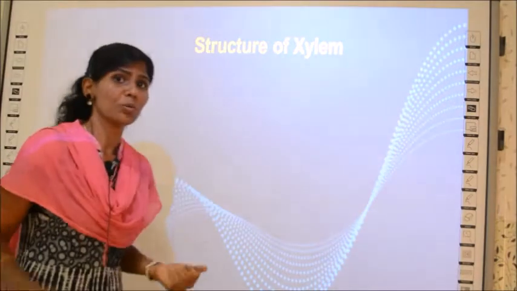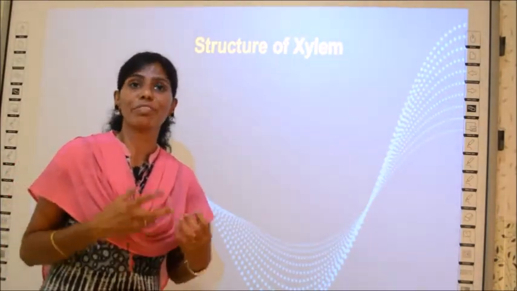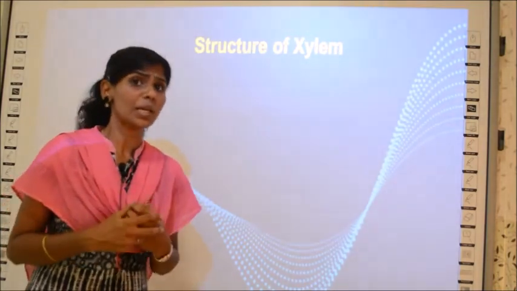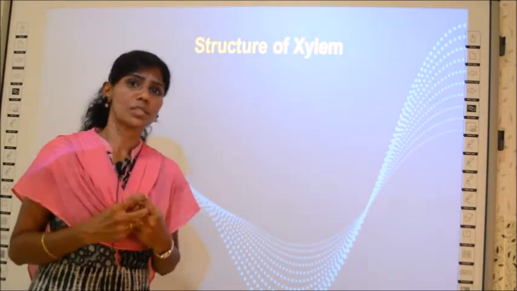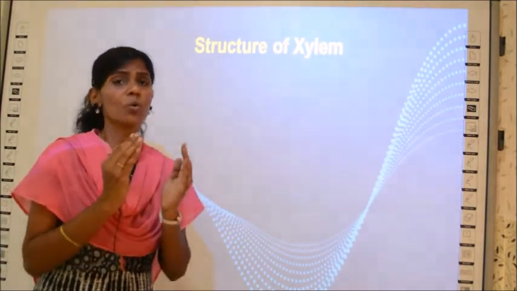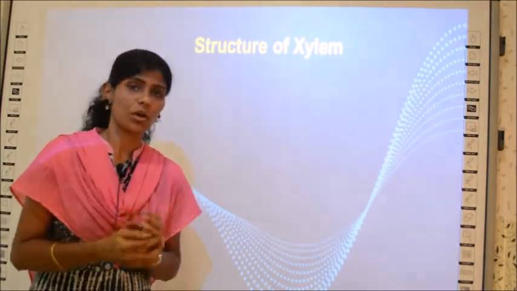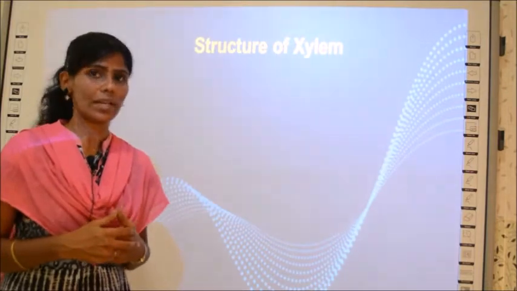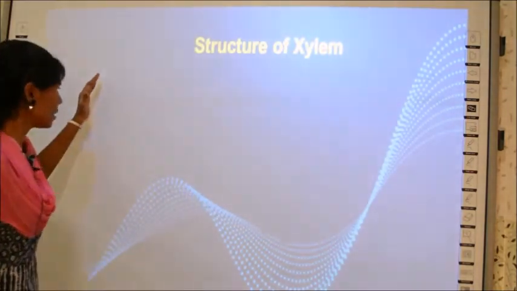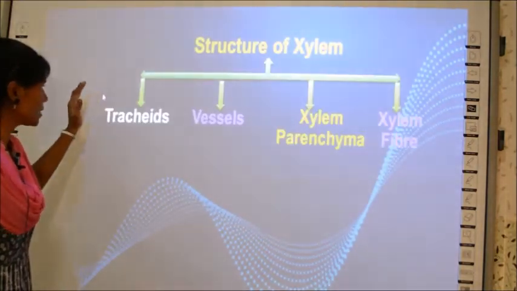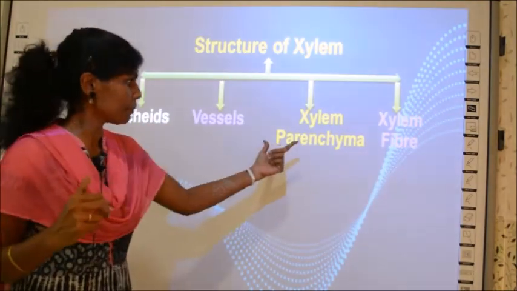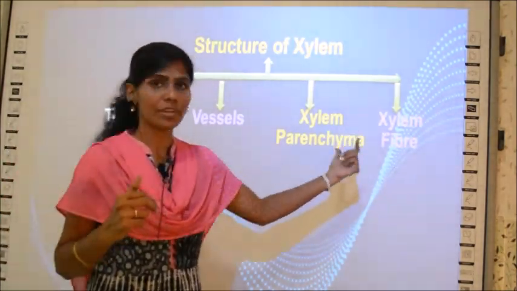So until now we have learnt about the functions of xylem and the functions of phloem, right? So now we learn about the detailed structure of xylem, how a xylem actually looks, and what all the parts of the xylem and phloem are. Actually xylem is made up of 4 parts called tracheids, vessels, xylem parenchyma and xylem fiber.